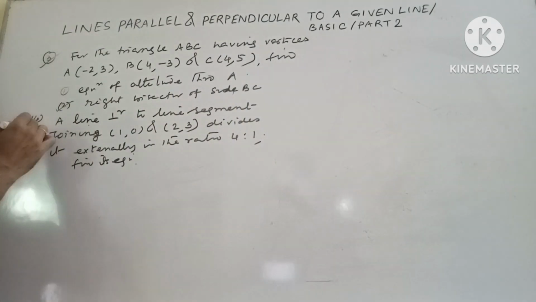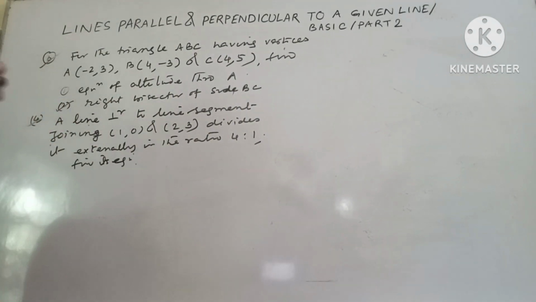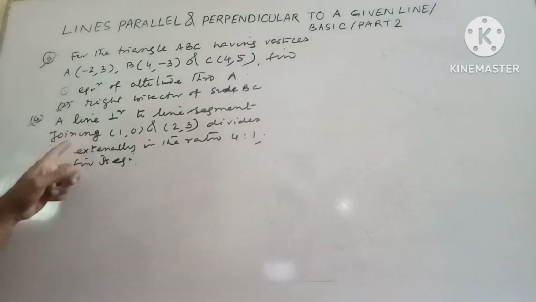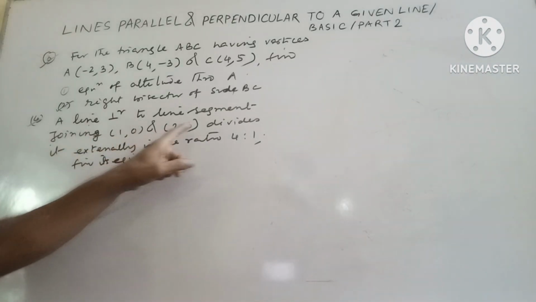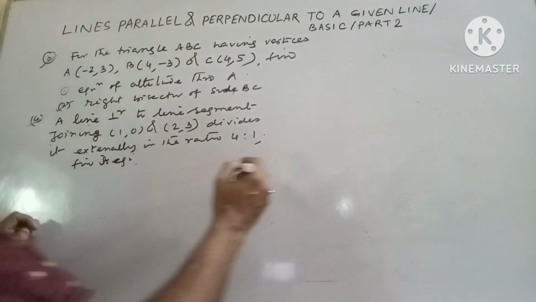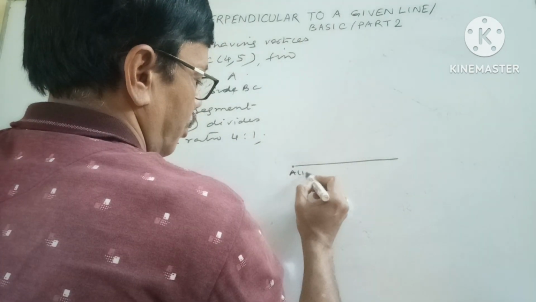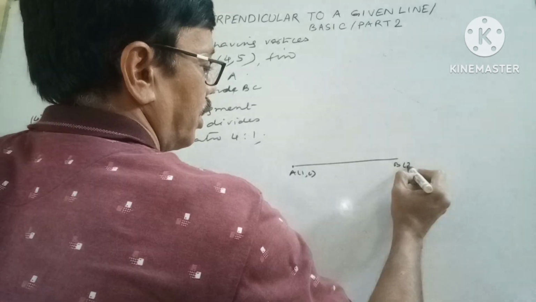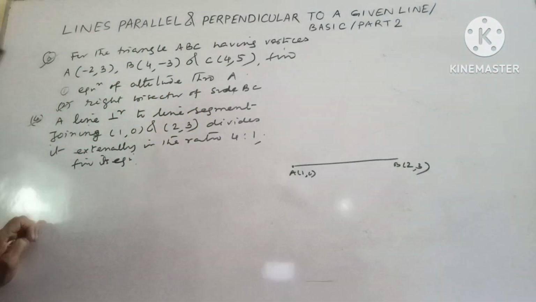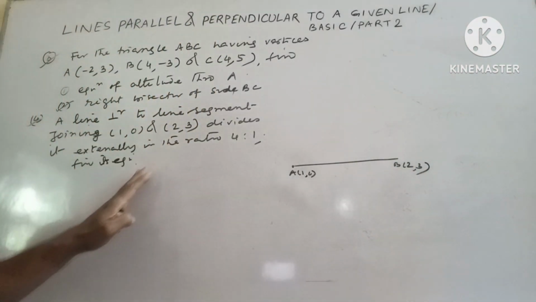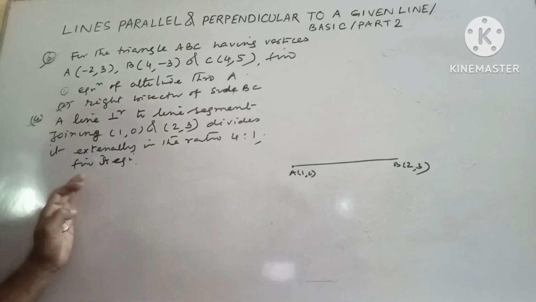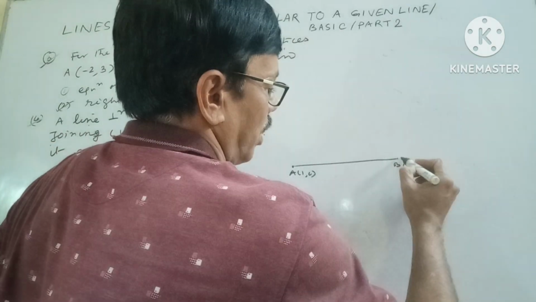So this is also an important problem. A line perpendicular to the line segment joining 1, 0 and 2, 3. A is 1, 0 and B is 2, 3. A line perpendicular to it divides it externally in the ratio 4:1.